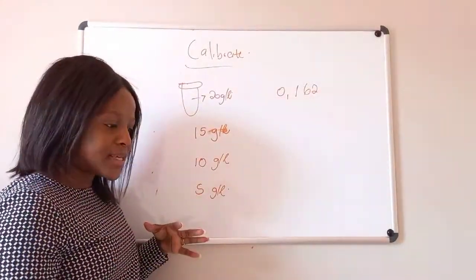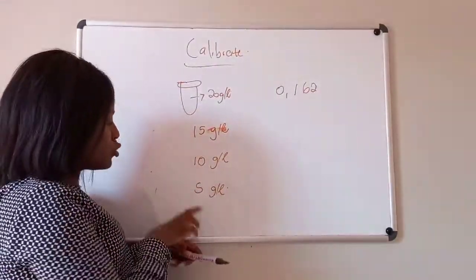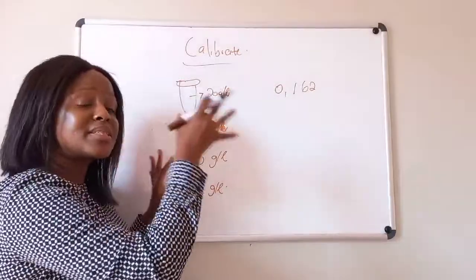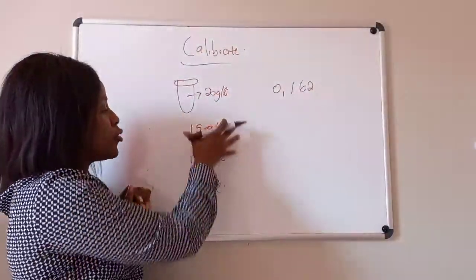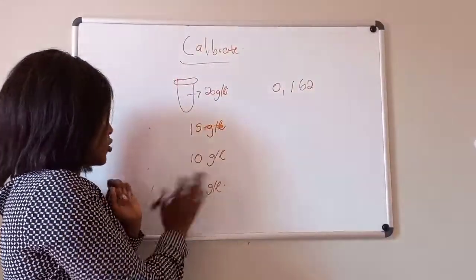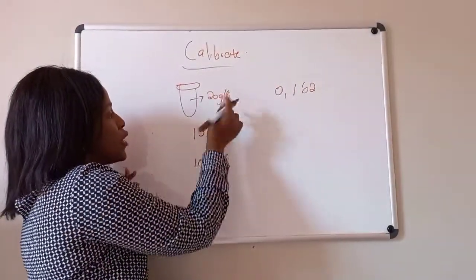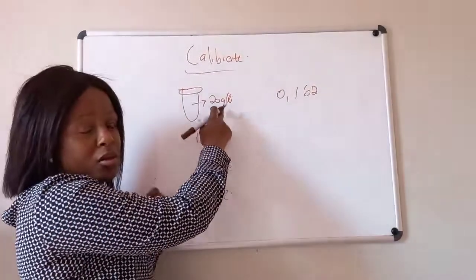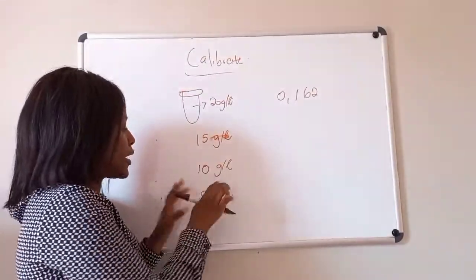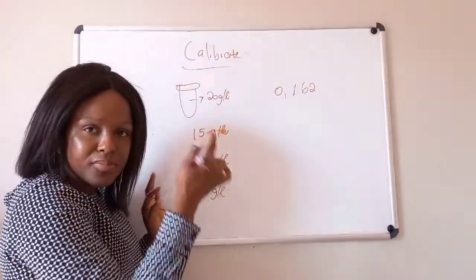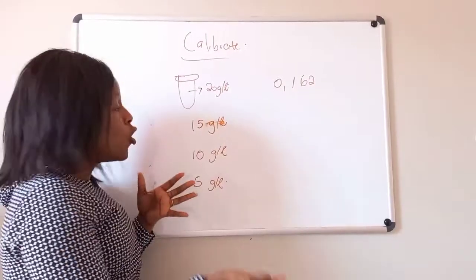If you do a 1:2 dilution of 20, what you're going to get is 10, because it's half of it.